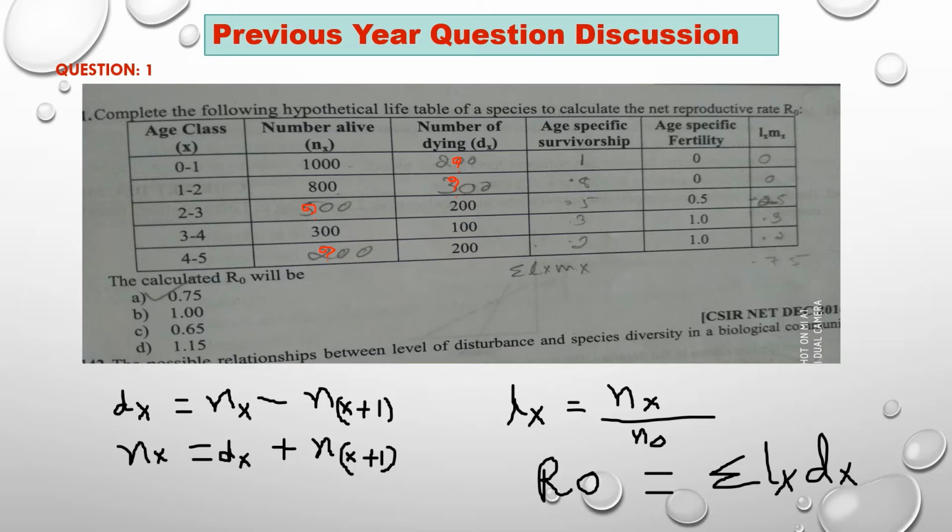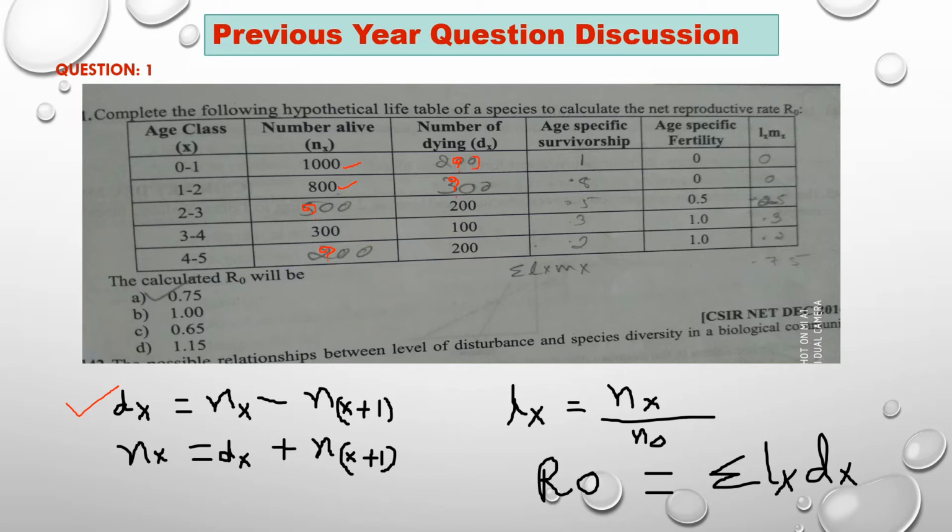But we have to find the Dx value. There is a formula for finding Dx value, that is Dx is equal to Nx minus Nx plus 1. Here Nx is 1000 and Nx plus 1 is 800. So 1000 minus 800, that is 200.